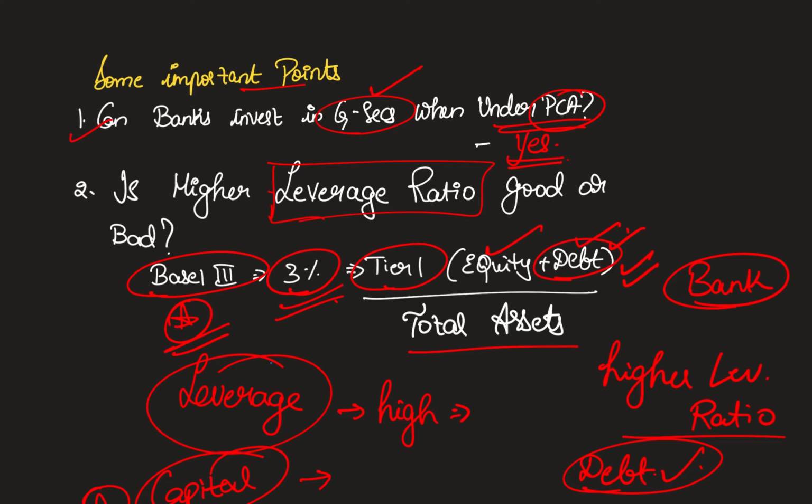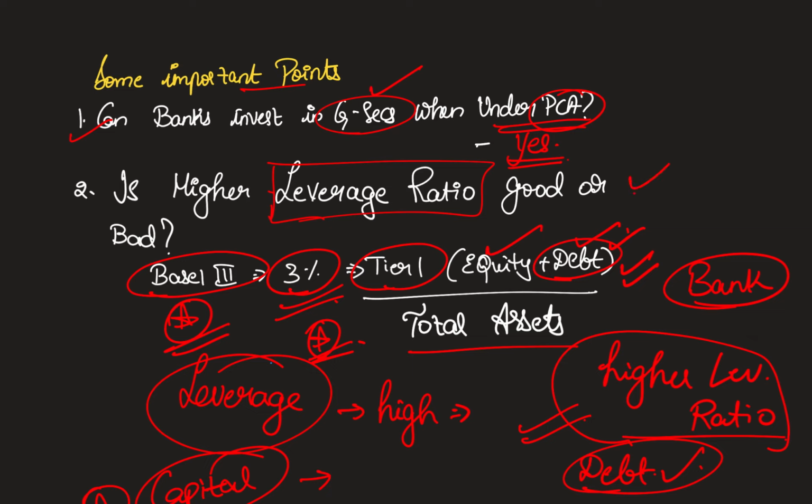For a normal company, that is non-banking companies or companies which are not involved in rotating money, a higher leverage ratio means it is borrowing more than what it can actually reinvest through its profits, or it is not making a proper business. So remember this point. Don't get confused when we're talking about leverage ratio.